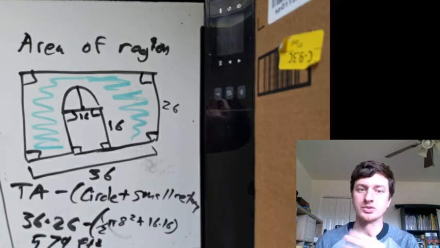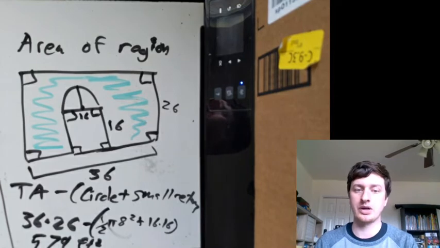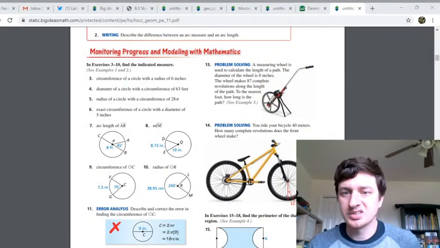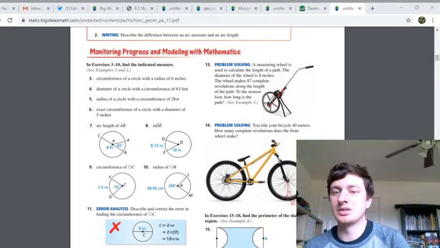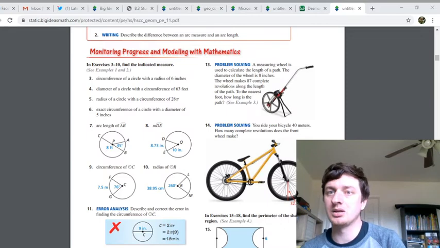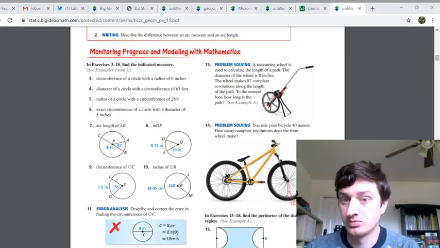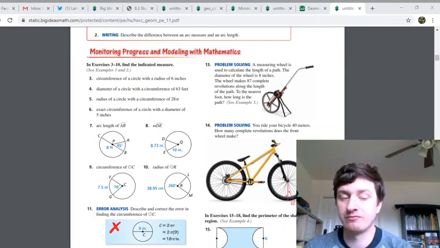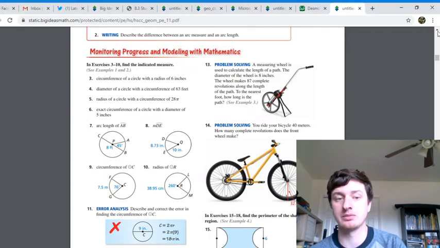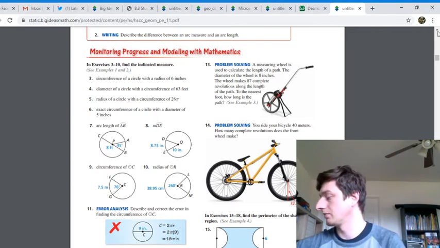Those are the easier ones. 6 says exact, so the thing about that one, number 6. Oh, this one. 6 says exact, so it means keep it in pi units. So 2 pi r, right? The diameter is 5, so it would just be 5 pi. Number 6 there is 5 pi.